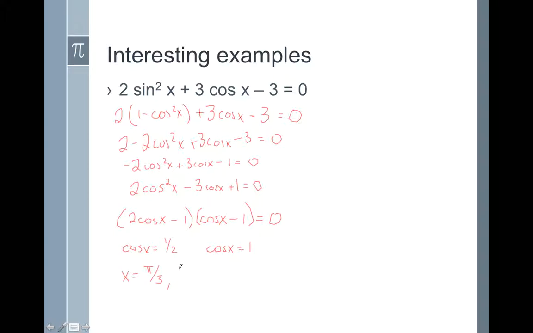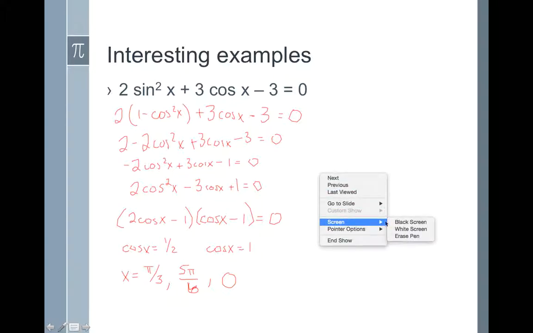And the last one down there is going to be 5 pi over 6. And lastly here, cosine of x is equal to 1 at 0. All right, so again, remember it's just like algebra. Just got to throw some trigonometry there at the end.